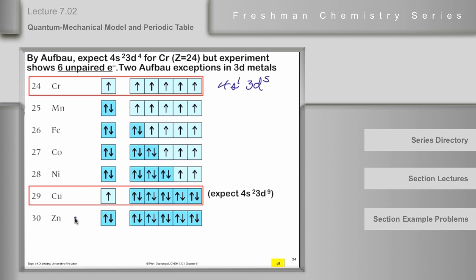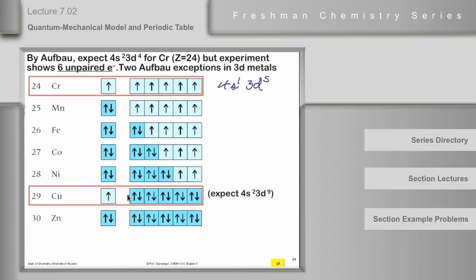Now the last of the 3d elements is zinc. Z is equal to 30, and it's 4s2, 3d10. And that is an extremely stable electron configuration, 3d10. Yes, go ahead. For copper, would it be 4s2 or 4s1? The thing is shown here. This is the 4s, so it's 4s1, 3d10. We would expect, if you were going down through here, 4s2, 3d9, but that's not how it turns out.